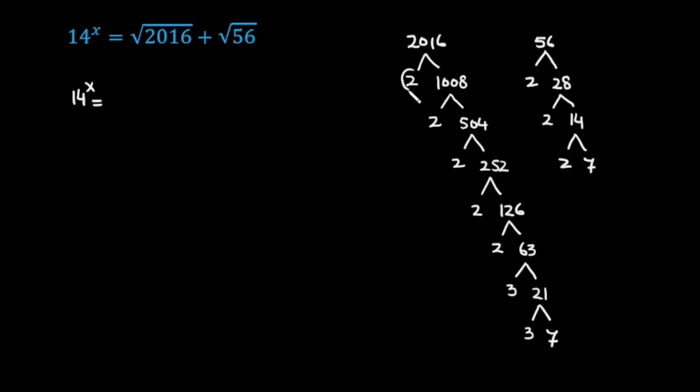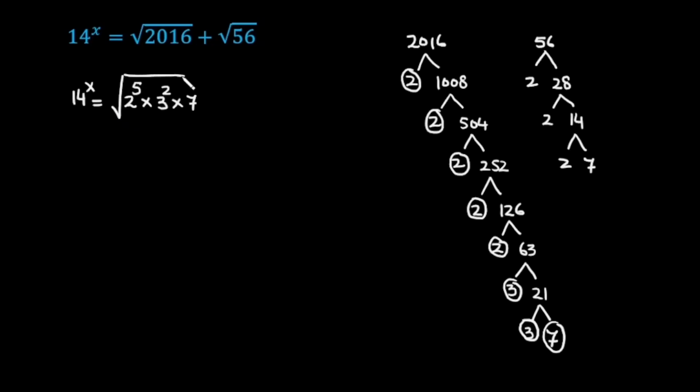How many 2's? 1, 2, 3, 4, 5. 2 raised to the power 5 times how many 3's? 1, 2. 3 raised to the power 2 times 7, plus square root of 56. 1, 2, 3, so 2 raised to the power 3 times 7.